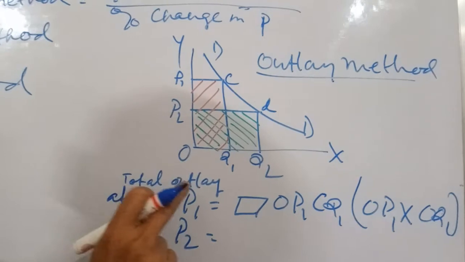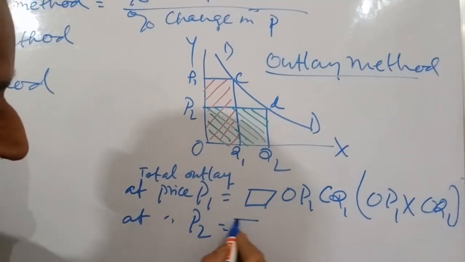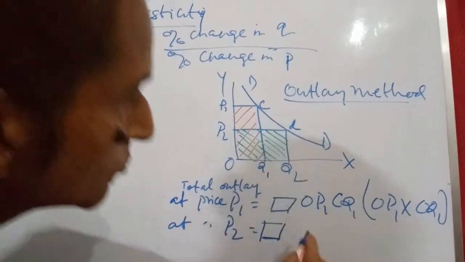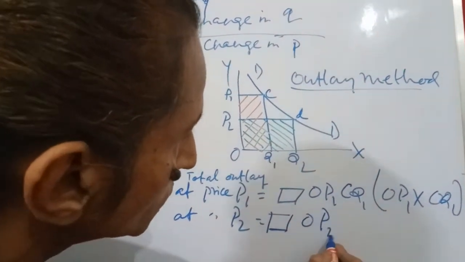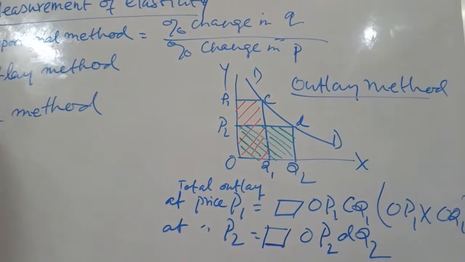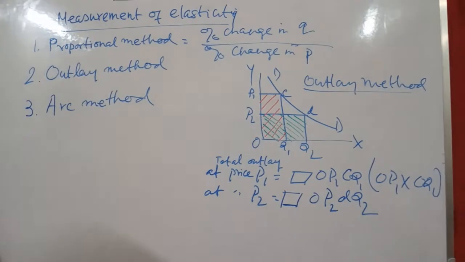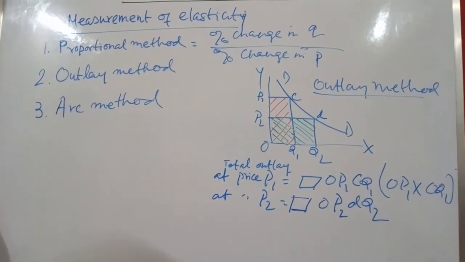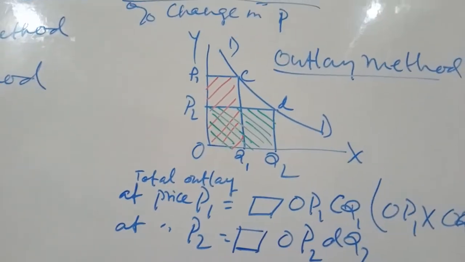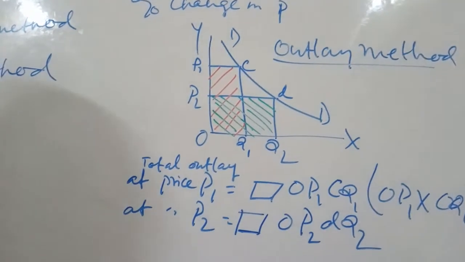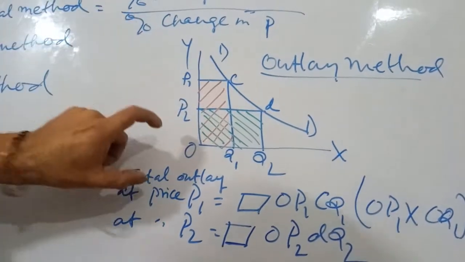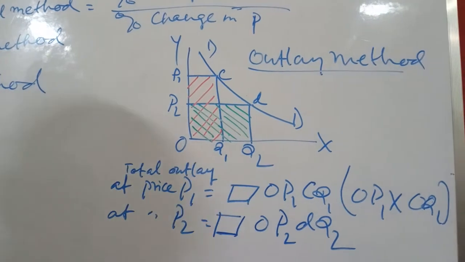So total outlay at price P2 is equal to the area OP2DQ2. Correct? Now, as the price changes, the expenditure is changing.